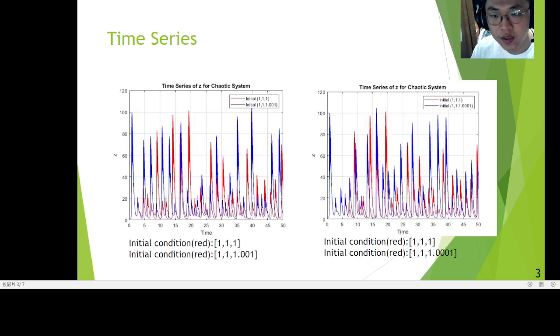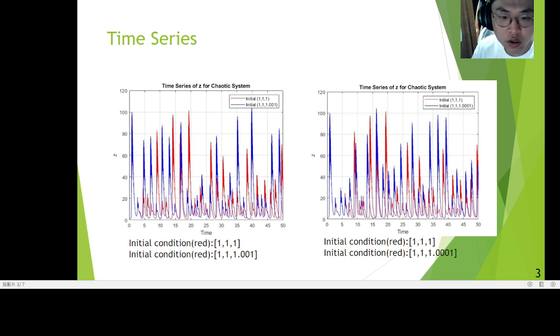And second is time series. This page displays a time series of the z variable under two sets of initial conditions. One is 1.001 and one is 1.0001.